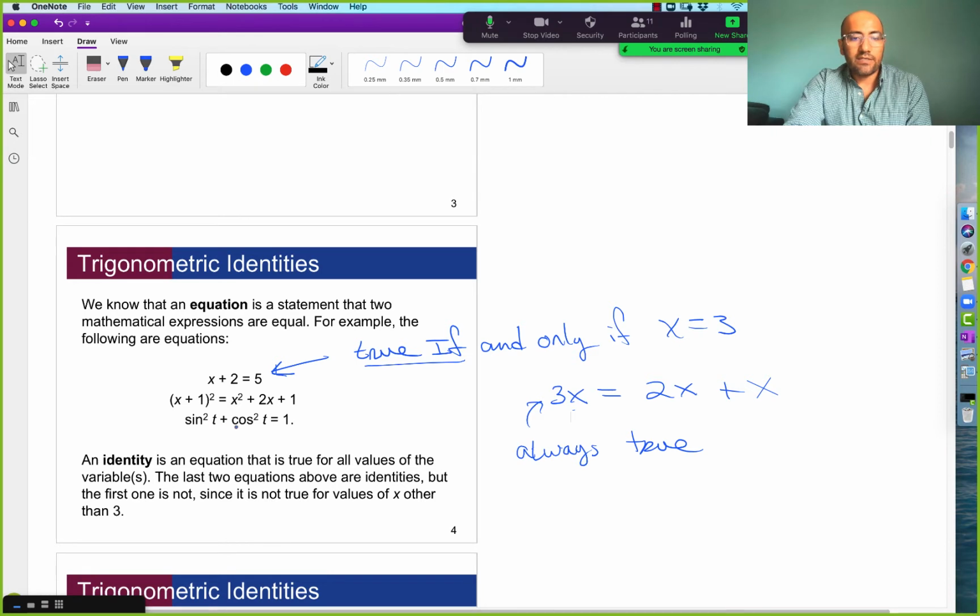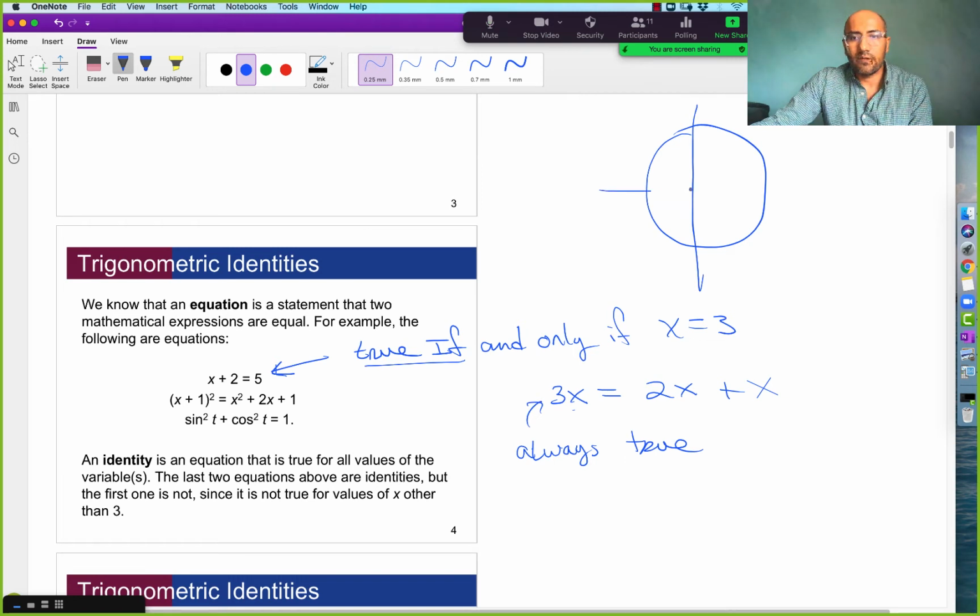Right, so sine squared t plus cosine squared t equals 1. That's always true regardless of the choice of t. And that extends from this. Remember that on the unit circle, here's the unit circle, and we create a triangle.